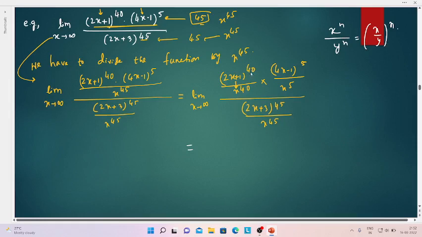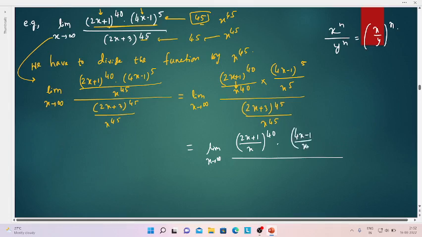Since 40 and 40 are the same, we can write that function as ((2x + 1) upon x) whole to the power 40, and that function as ((4x - 1) upon x) to the power 5, and the denominator part can be written as ((2x + 3) upon x) to the power 45, right?